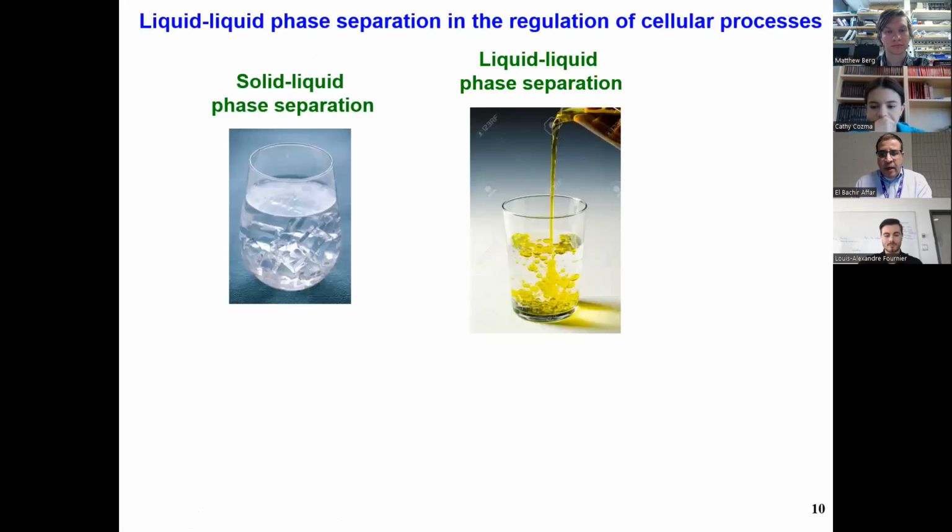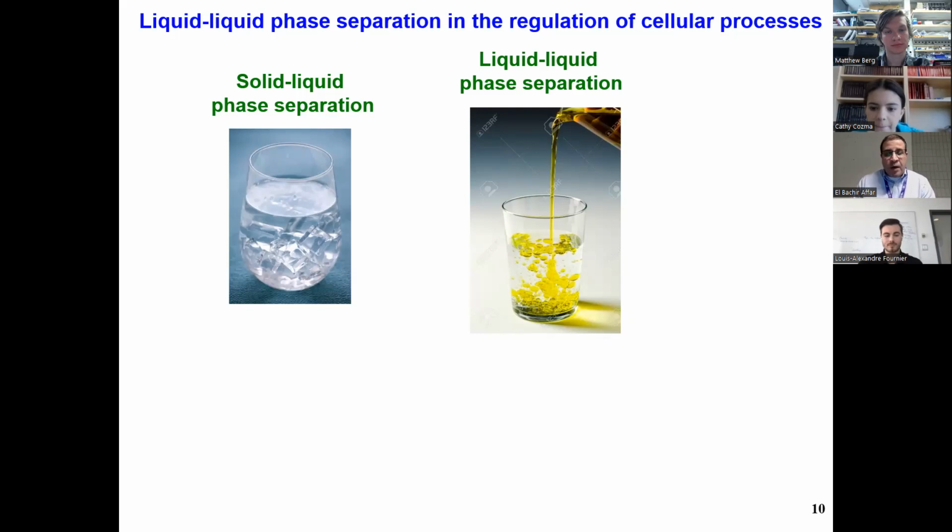You guys know about this liquid phase separation and this idea that proteins or macromolecules will segregate in cells, in the cytoplasm and in the nucleus, to form distinct entities to catalyze or to inhibit specific functions.